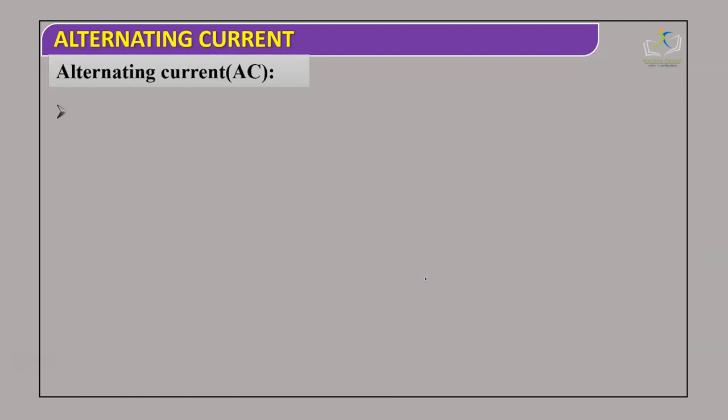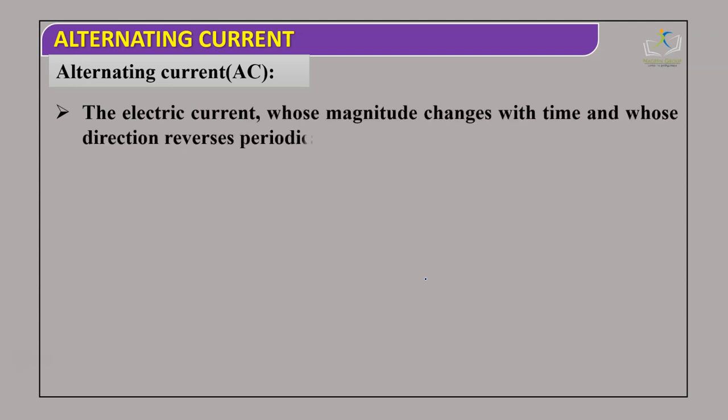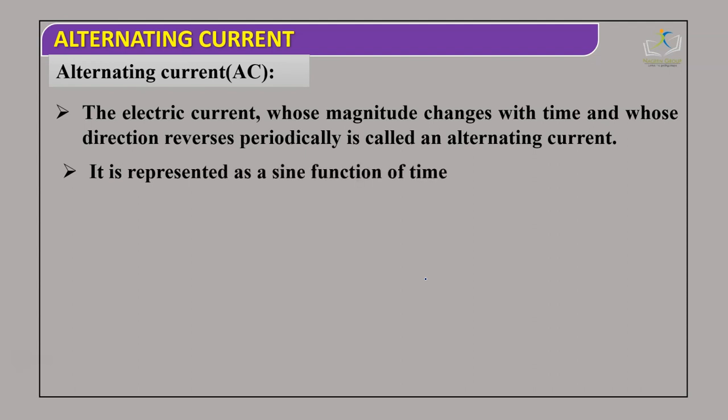Alternating current, AC: the electrical current whose magnitude changes with respect to time and whose direction reverses periodically is called an alternating current. It is represented as a sine function of time.